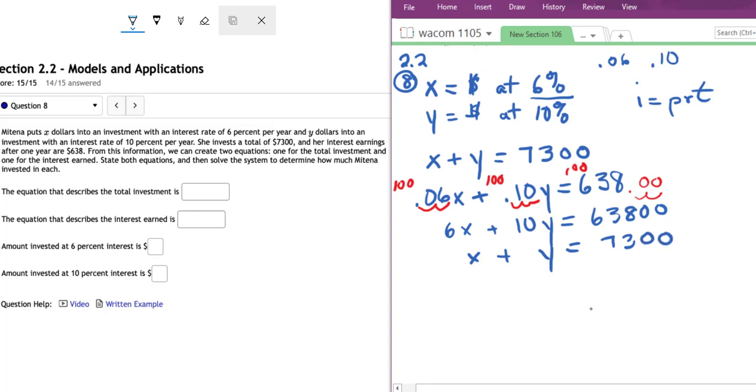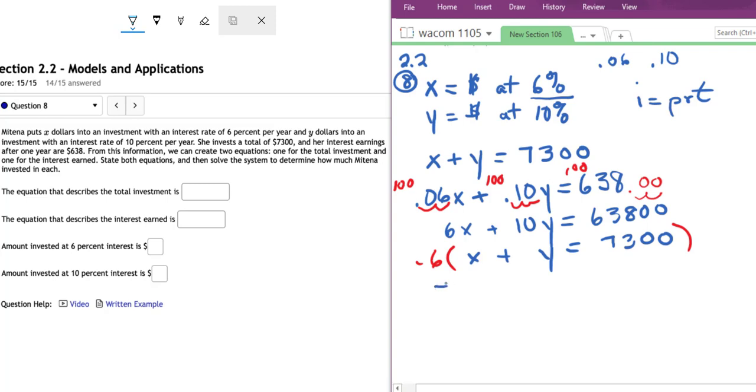Now I have a system without those decimals, and you can do it either with substitution if you isolate one of these, or you can multiply through by a number and add the rows together with the elimination method. So I'm going to choose to do that. I'm going to multiply the second equation by -6, add them together, and cancel out the x's.